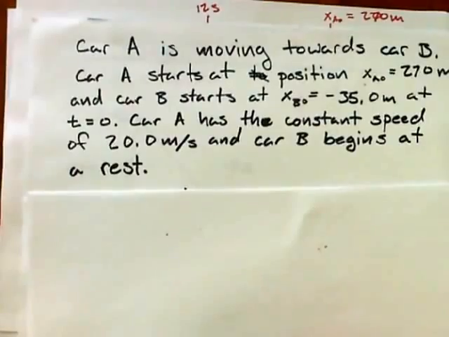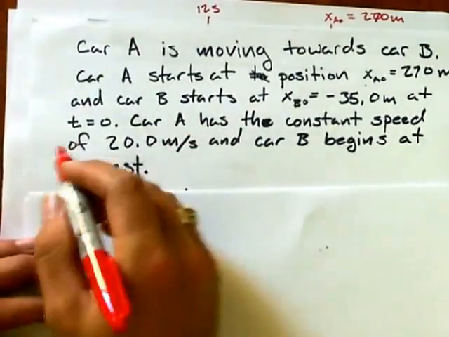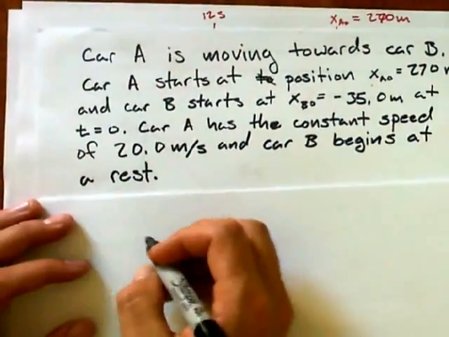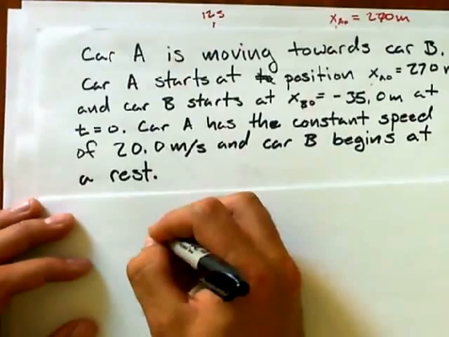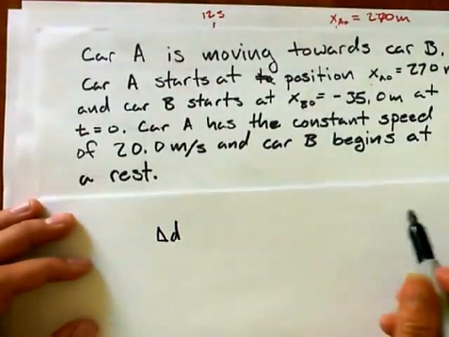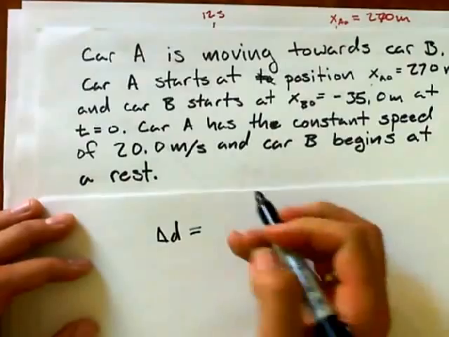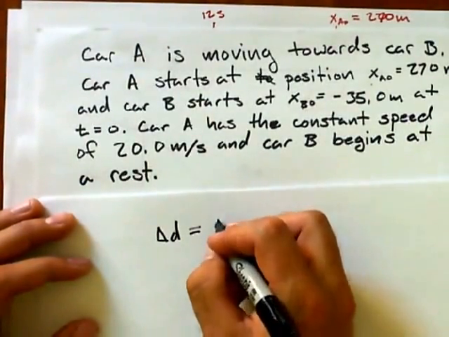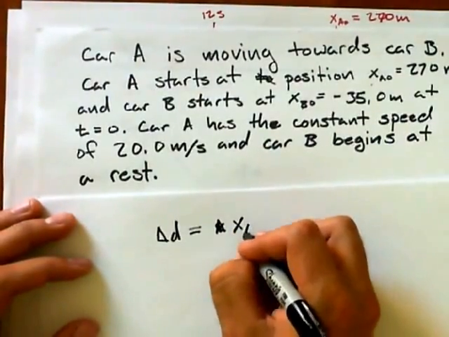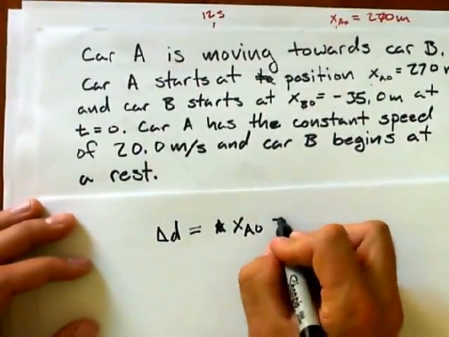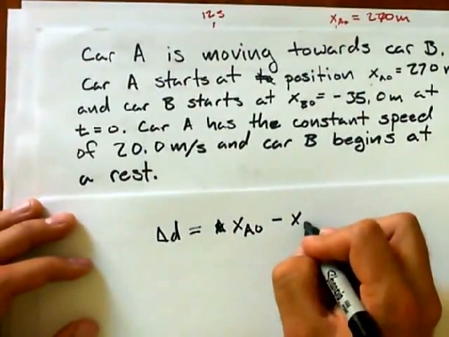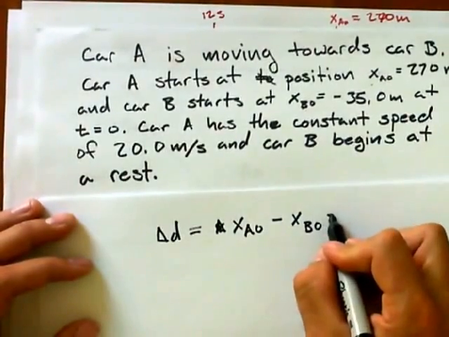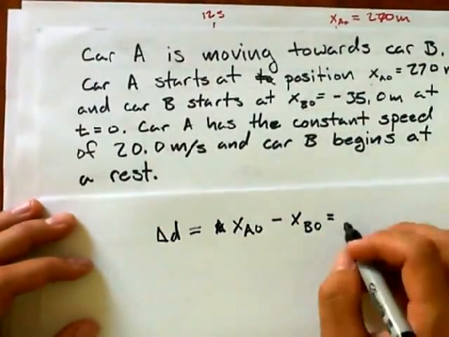To get the change in d, or the overall distance or displacement, I am going to subtract x_A0 from x_B0, and that should give me the overall distance. So x_A0 is 270.